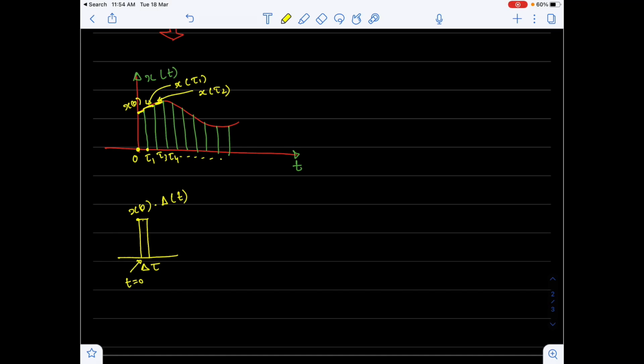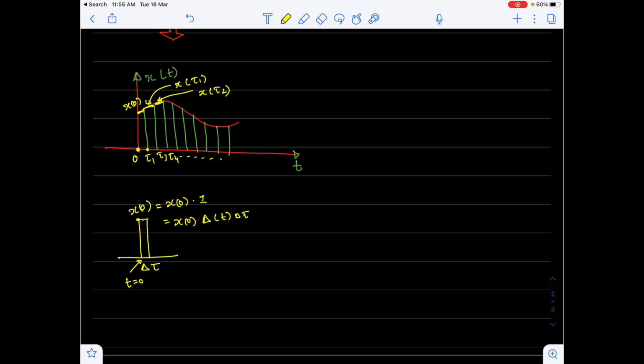But x of 0 is nothing but x of 0 multiplied with 1, and this 1 is nothing but the area of the impulse function, so it is delta of t multiplied with delta tau. So this is the situation.